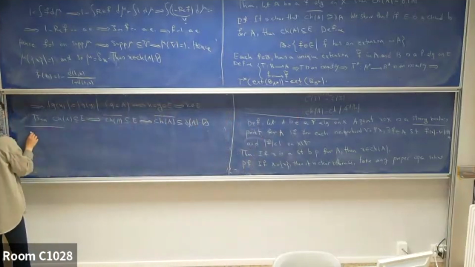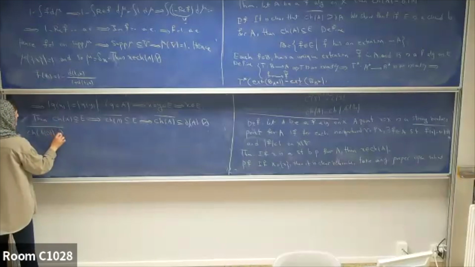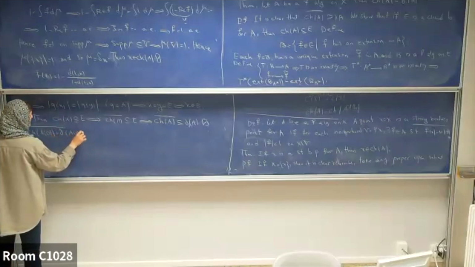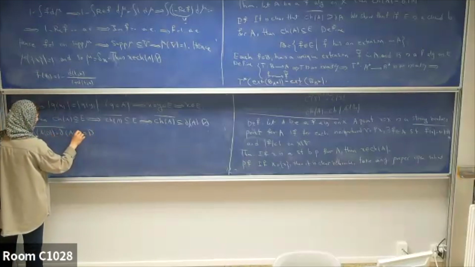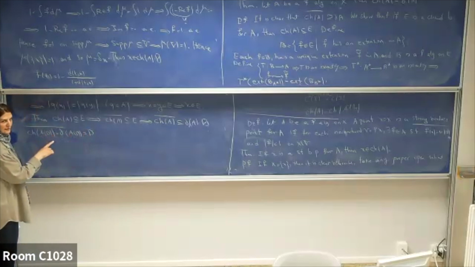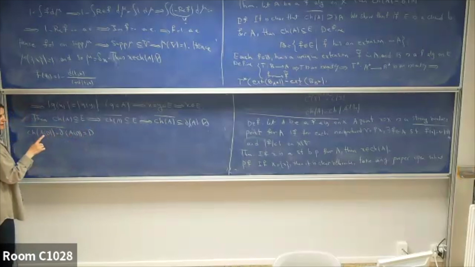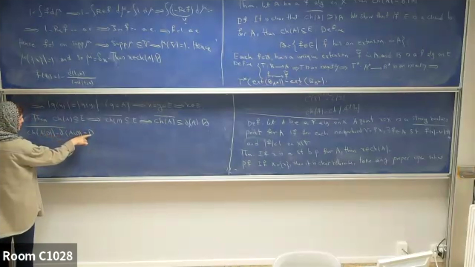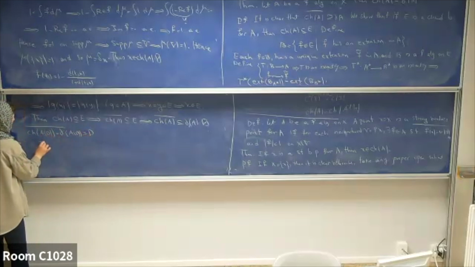And for another example, the Choquet boundary of the disk algebra and the Shilov boundary of the disk algebra is just the circle T. Of course, because by the principle of maximal modulus, each function here attains a maximal modulus at some points of T. So T is a closed boundary, and so it contains this.